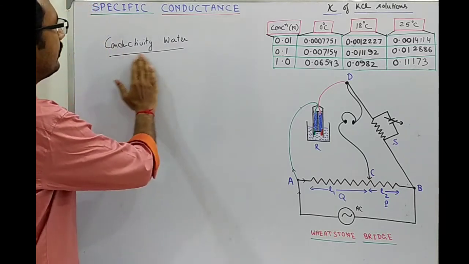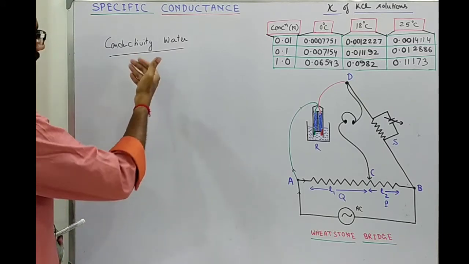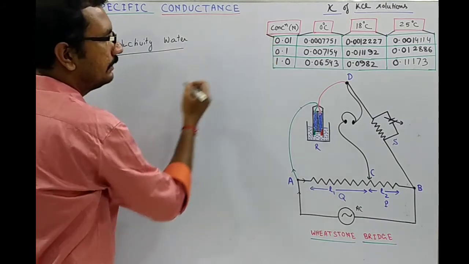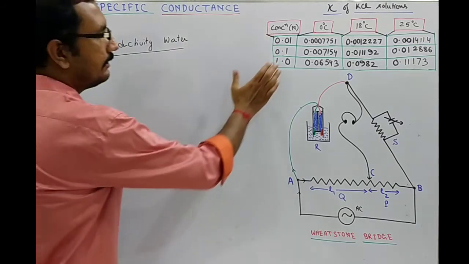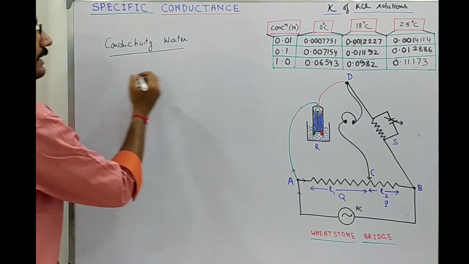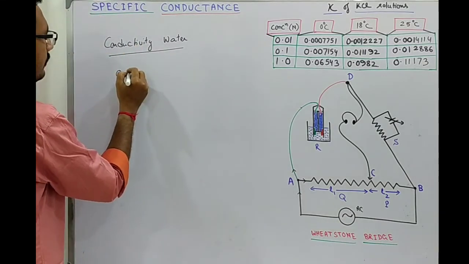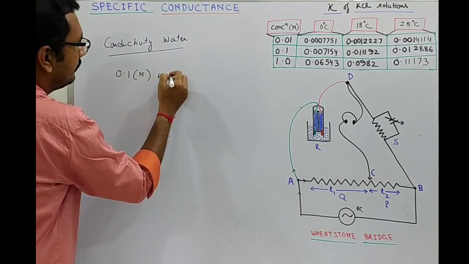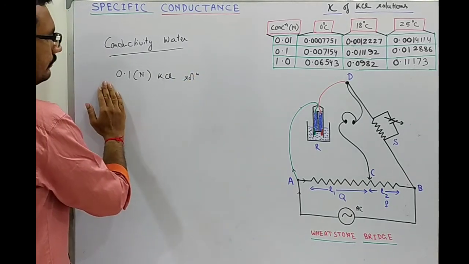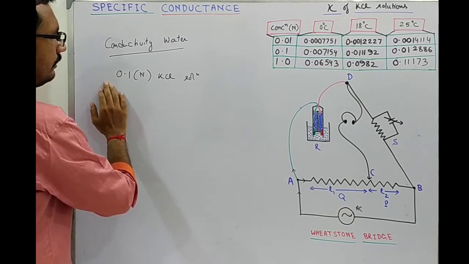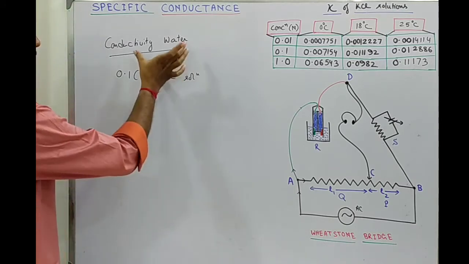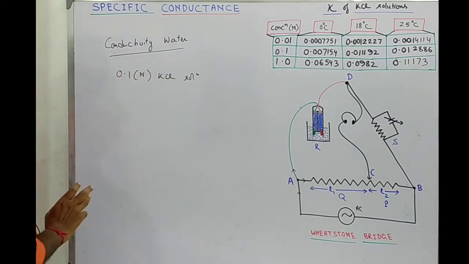So, that is conductivity water, and using that conductivity water, prepare any one of the KCl solutions that was obtained by Kohlrausch et al. So, let us take this value 0.1 normal KCl solution. So, you prepare 0.1 normal KCl solution using conductivity water very carefully.